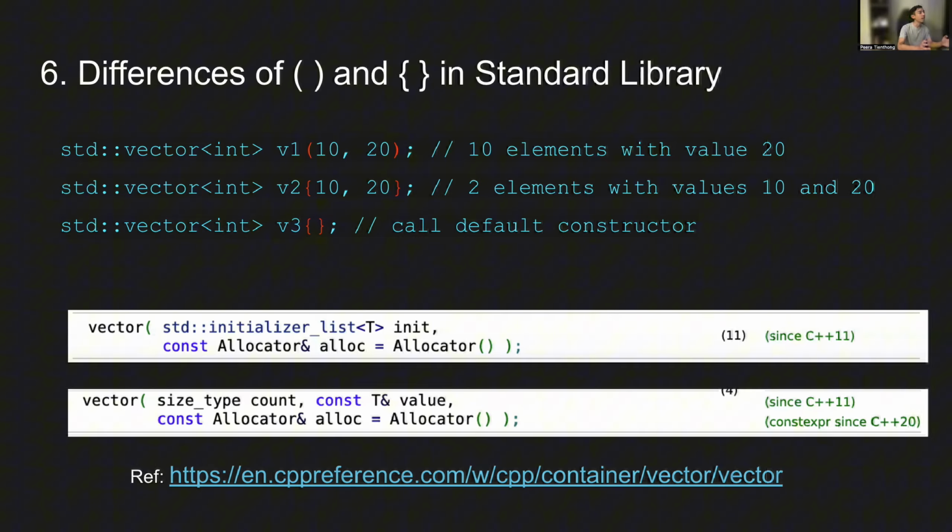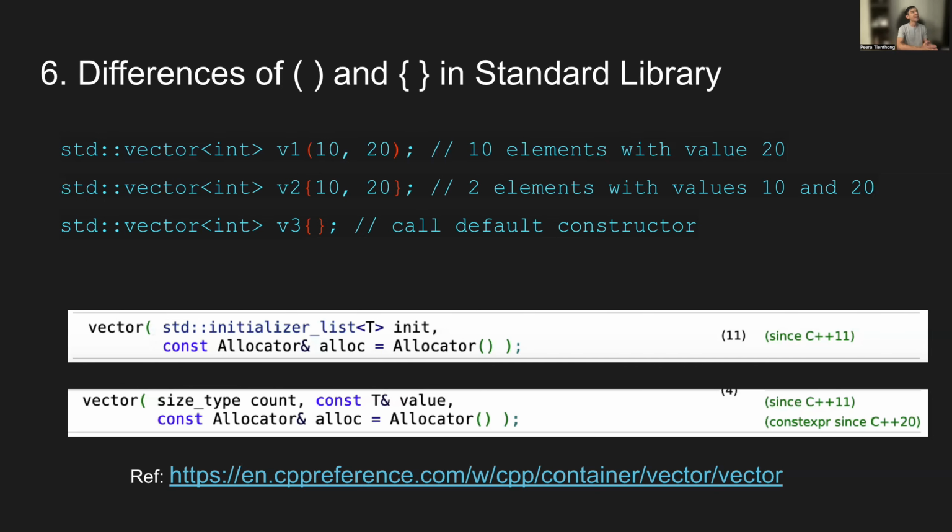As you can see in vector v1, we have a vector type containing integers. Using the parentheses as initialization, the first argument is the number of elements in the vector, which is 10, and the second argument is the default value for each element.